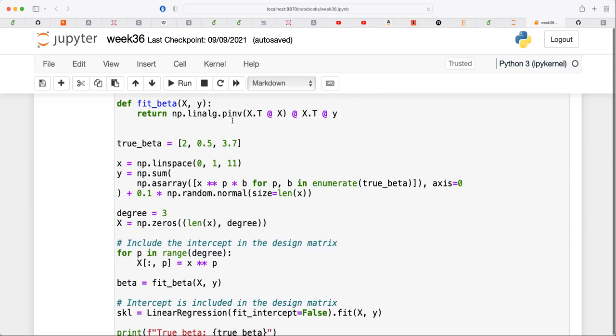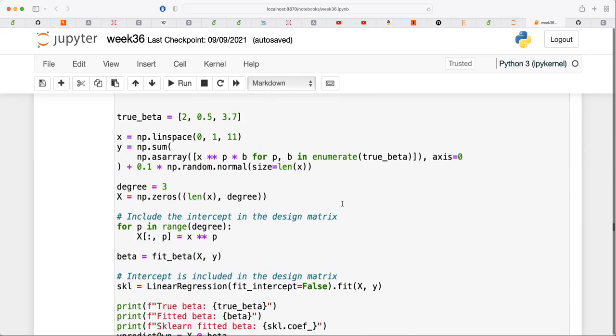We're going to discuss that a little bit more today. When you're setting up your own function, always use the pseudo-inverse, unless you're dealing with ridge regression where you have a parameter lambda, which really helps you in avoiding the eventual determinant which is equal to 0.